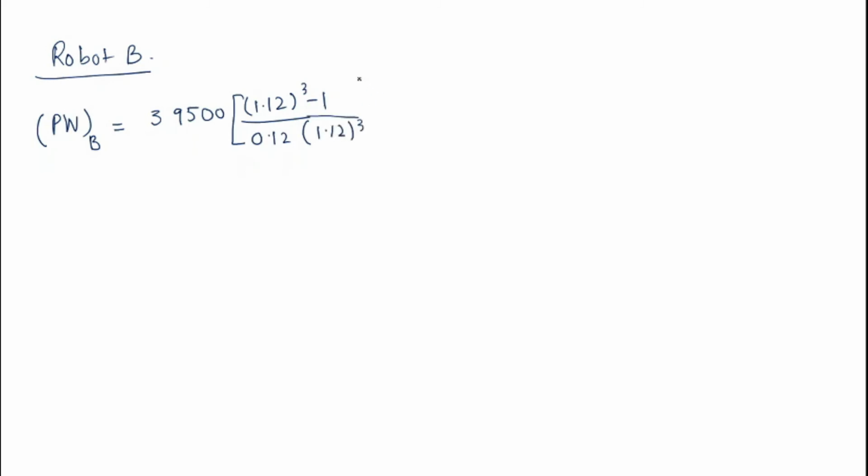So this is the conversion of annuities to the present point of time. The second term is the conversion of salvage value at the present point of time. And of course, the third one with a negative sign is the first cost, so that is to be subtracted. If I compute this on similar lines as we did for robo A, this comes out to be 41143.016. So this is the present worth for robo B.